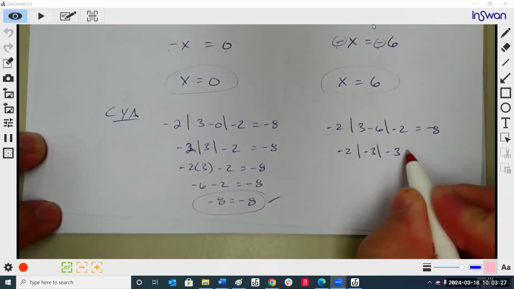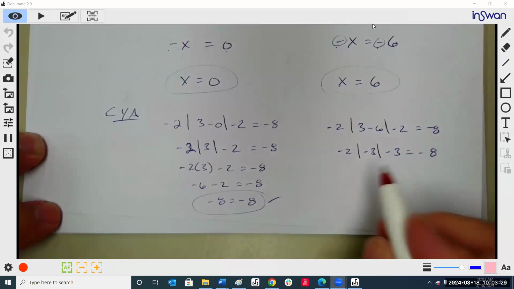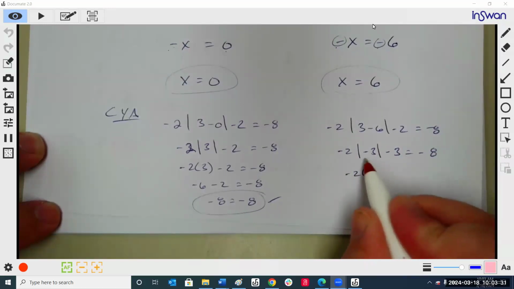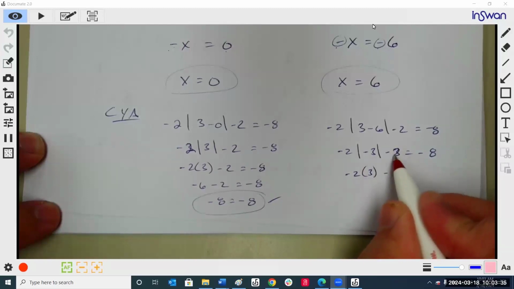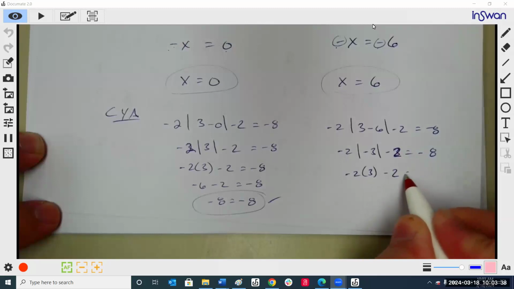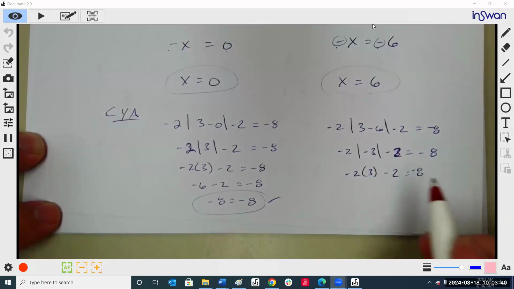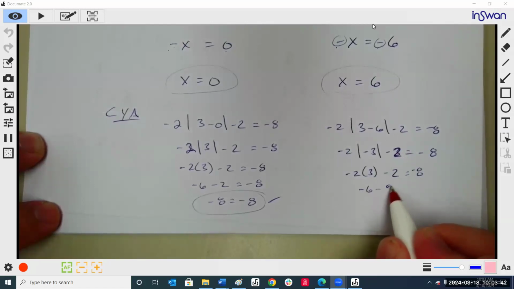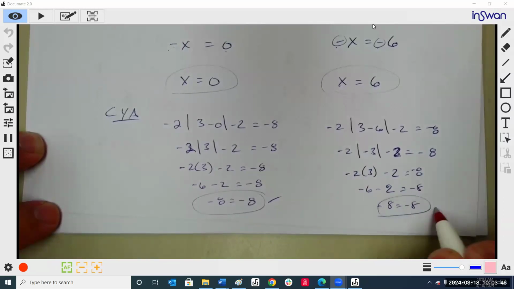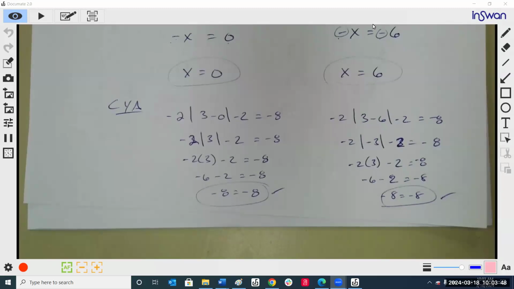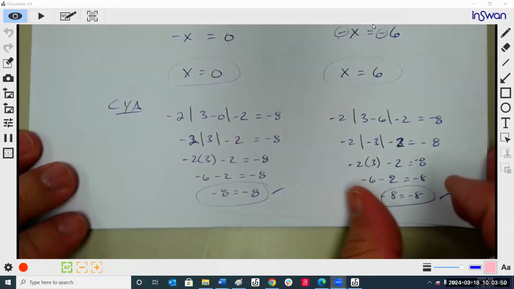Then -3 inside the absolute value. Absolute value of -3 is 3. That's 2. -6 minus 2 is -8. So they both work. I'm not going to waste my time, you guys should know how to check the answers already.